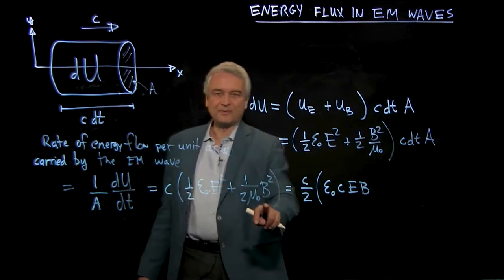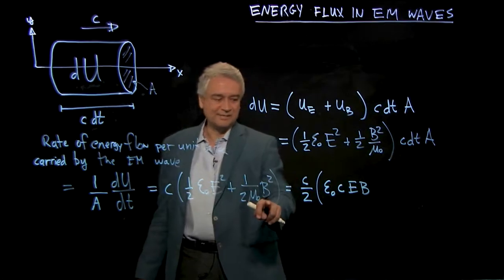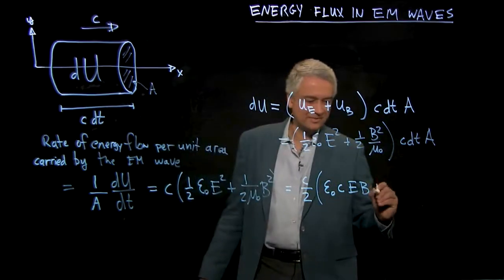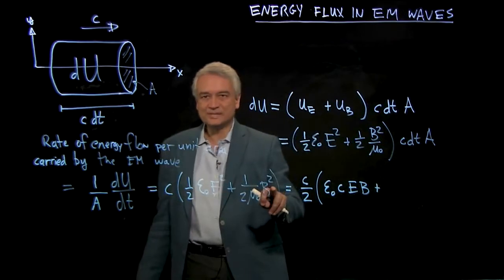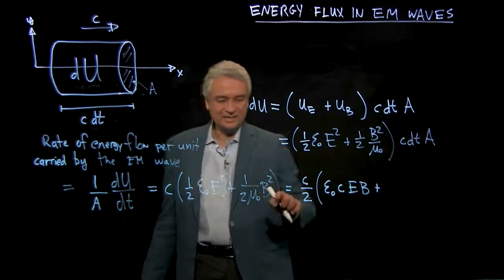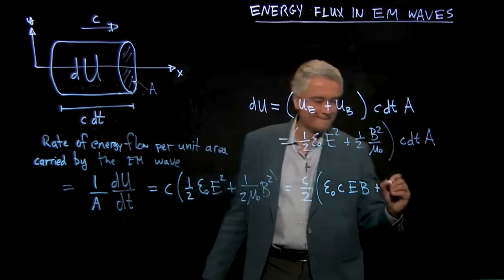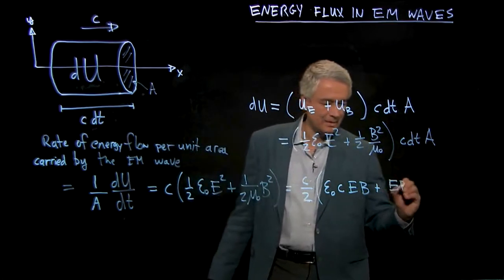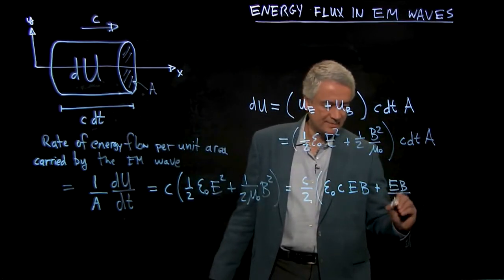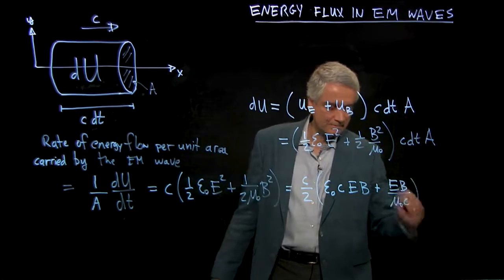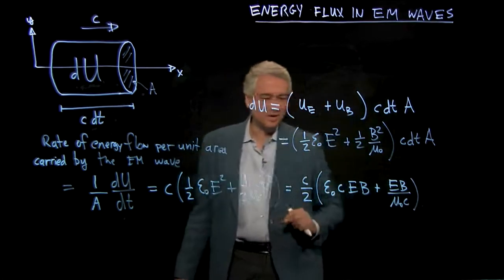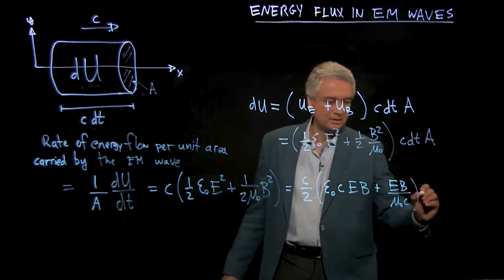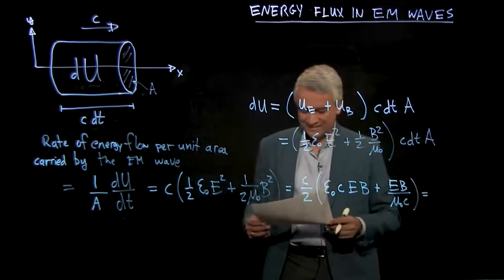And here I'm going to write one of those B's as E over C. So that's going to give me plus EB over mu naught C. So now I notice that I have an EB in both. So I'm just going to write the EB out front.